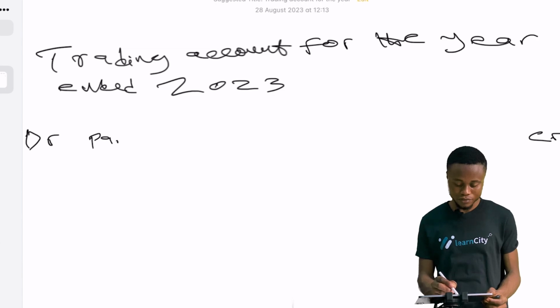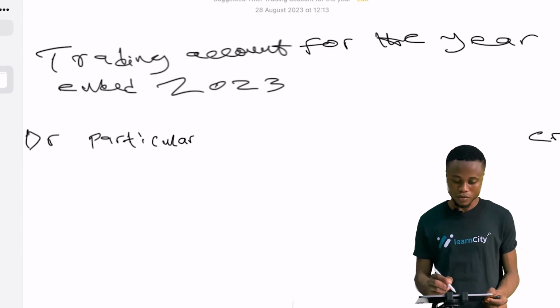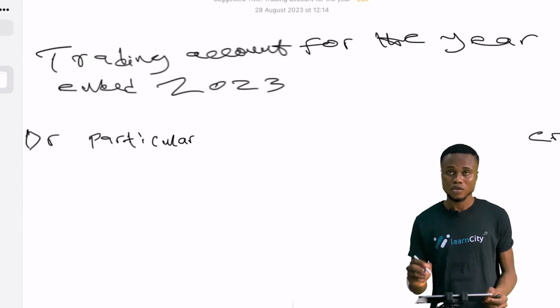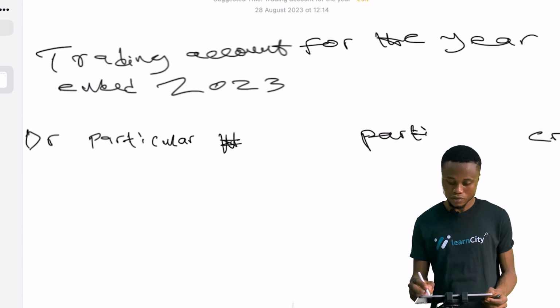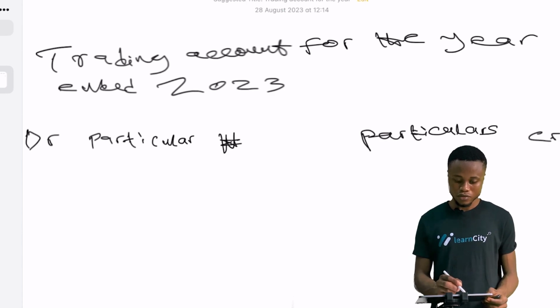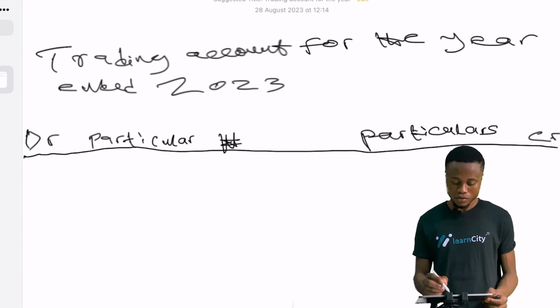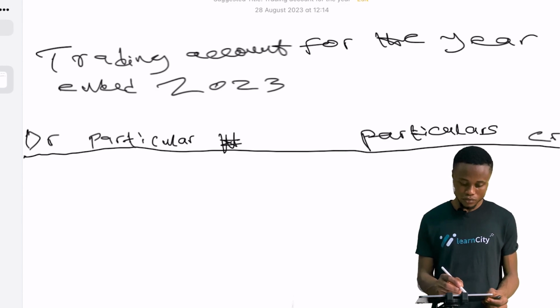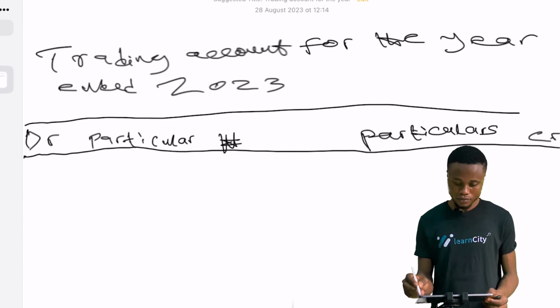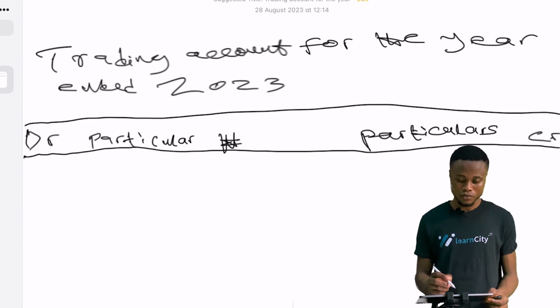Remember, this is just formats. So the particulars will be here for the debit side. Sorry, don't forget your amounts too. So you're going to put your amount here. So particulars also for the credit side. Particulars. So let me rule it so it will be easier to see.